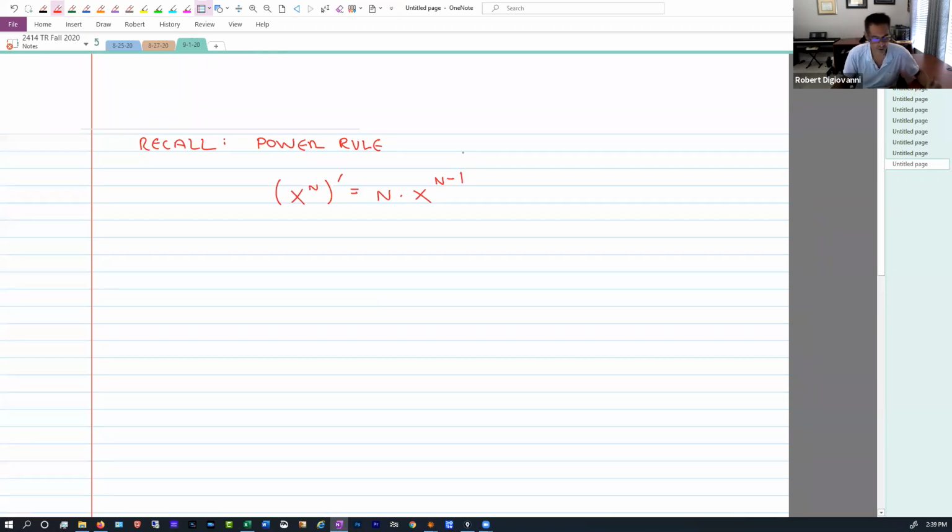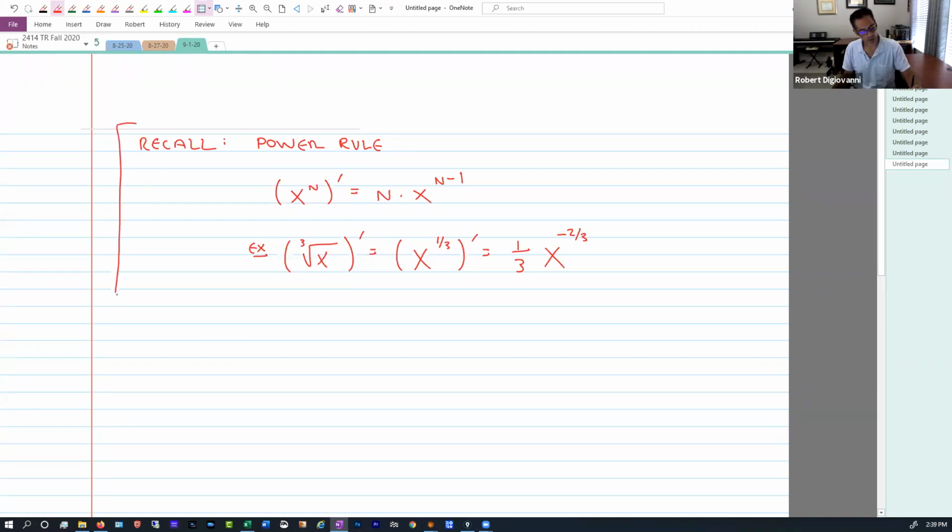That's one of the first rules that you learn in Cal 1. So if we have the cube root of x, we first rewrite that as x to the 1/3, and then take its derivative, the 1/3 comes out, we subtract 1 from 1/3 and get 2/3. So that's all stuff that we should already be comfortable with.